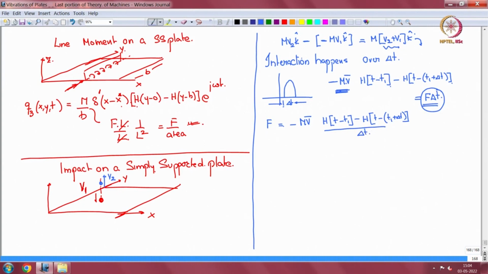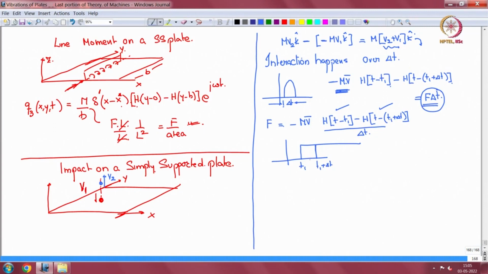Okay. So as delta t becomes smaller, this fellow starts off as a step at t1 and this drops a step, okay, back to 0 at t1 plus delta t.